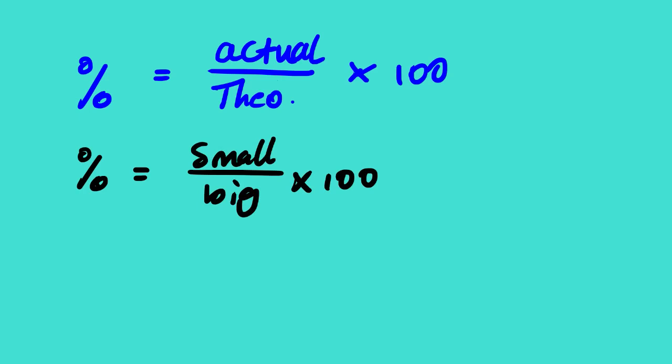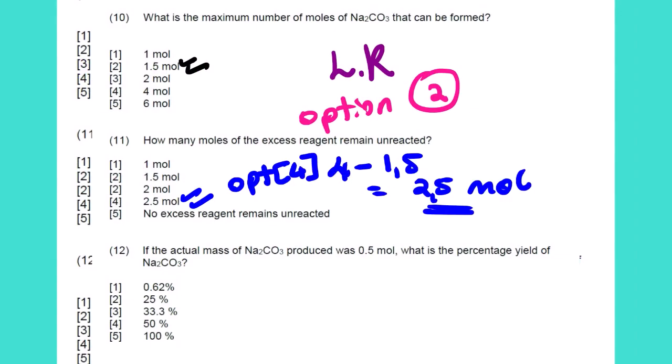So theoretical yield is the one that we calculated from this option. This is the theoretical yield. Theoretical yield is the maximum production of the product. In this case we found that it's 1.5, and then we are given the actual, which is 0.5.